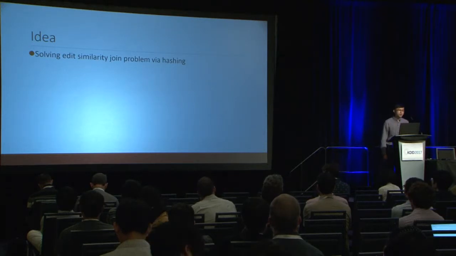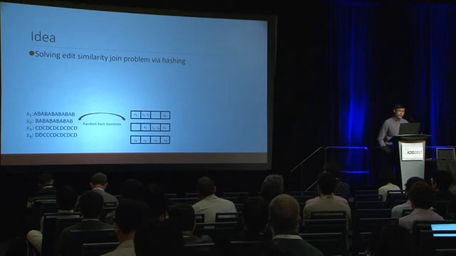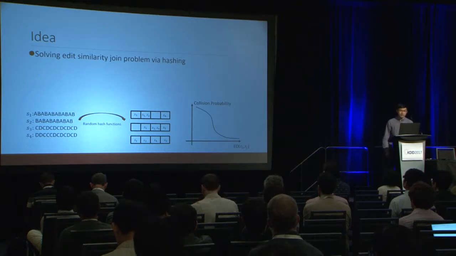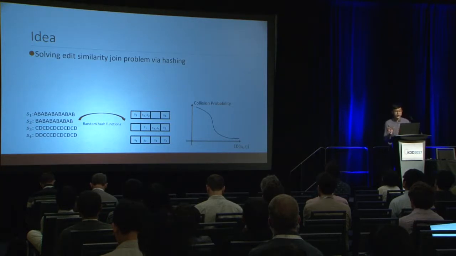So the idea of EmbedJoin is to solve the edit similarity join problem via hashing. Let's consider we have several strings, and we want to compute some random hash functions. The function should have the property that the collision probability is high when the edit distance is small, and the collision probability is low when the edit distance is large.